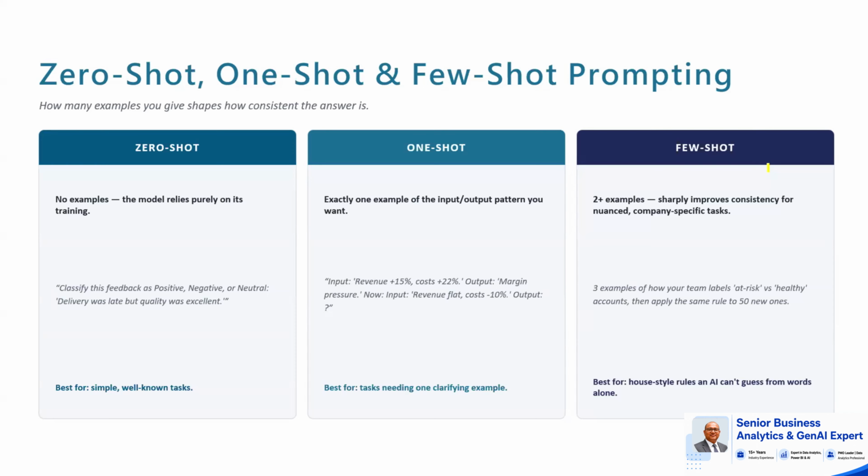Then there is few shot prompting. Few shot prompting, very obviously, means you give some examples, two or three. Like suppose you are generating a leadership or executive level report, and from the last review you have seen that your leadership team doesn't want to see only the sales figure. Maybe they want to see the revenue figure, the margin, and something called EBITDA.